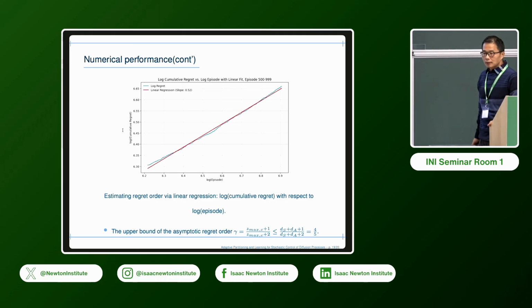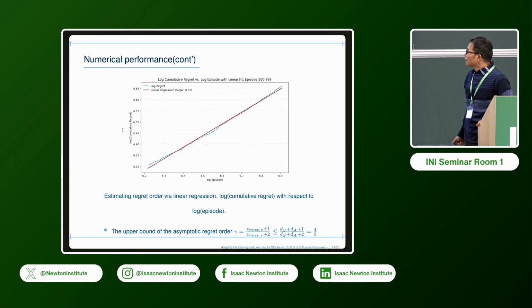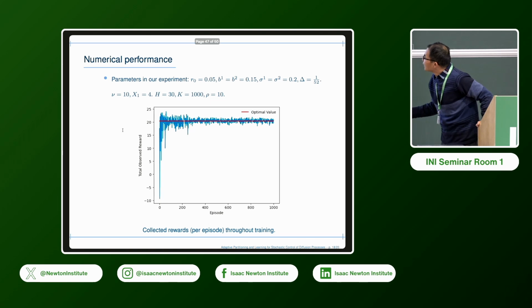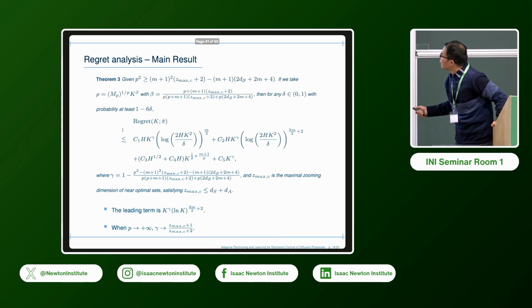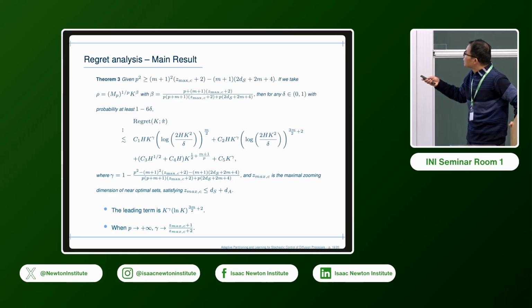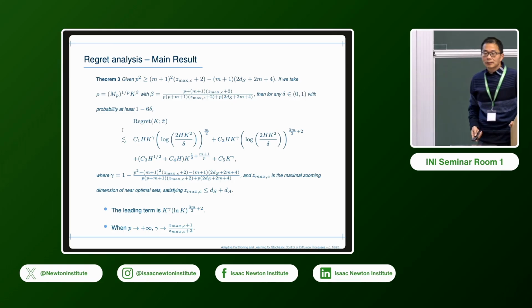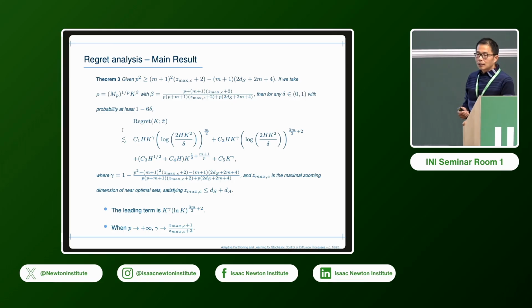Right. But then I remember it is 1 minus... No, 1 minus is in the definition of gamma. Okay. Can I show you? It's 1 minus these things. Yeah.